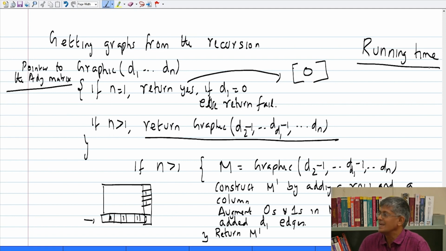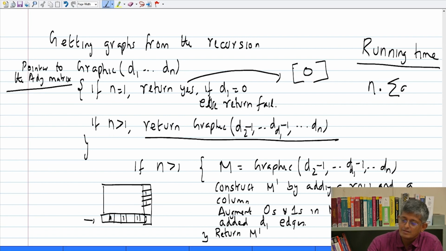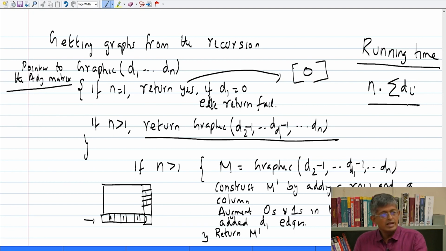It is summation of di. Running time is n multiplied by summation of di. Because you see what you do in every step, in every recursion call: you go to di entries, and you reduce the values by 1.